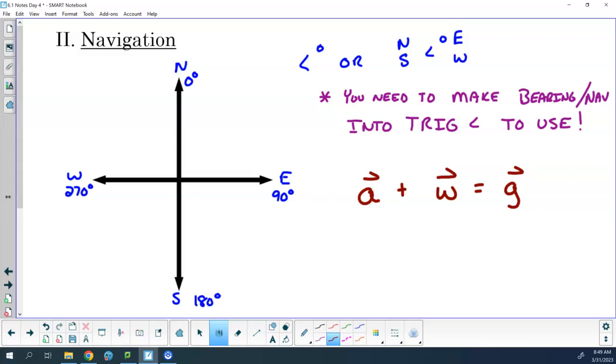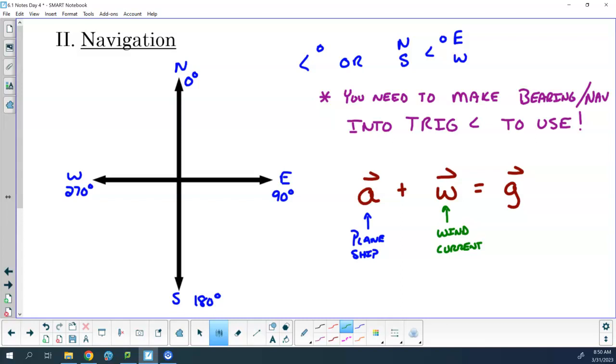A is going to be your vessel, your plane, your ship, your hot air balloon, your kite, whatever you want it to be. W is going to be the wind or the current. What else could affect something? Those things. Gravity.